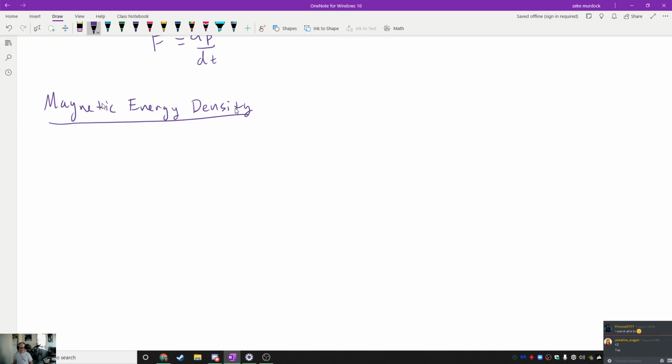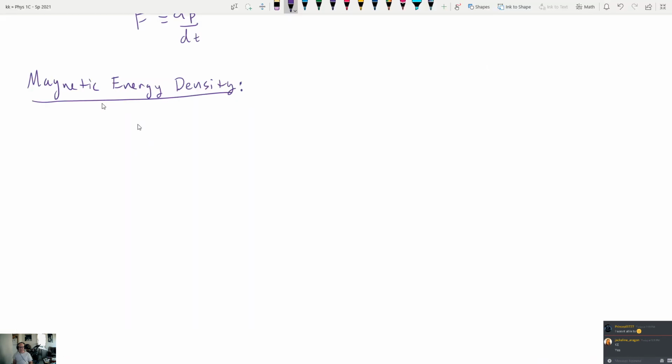All right. Magnetic energy density. Okay, so if I have a solenoid, make a solenoid here.